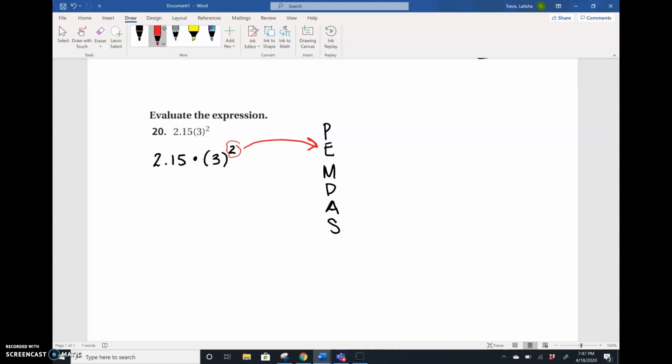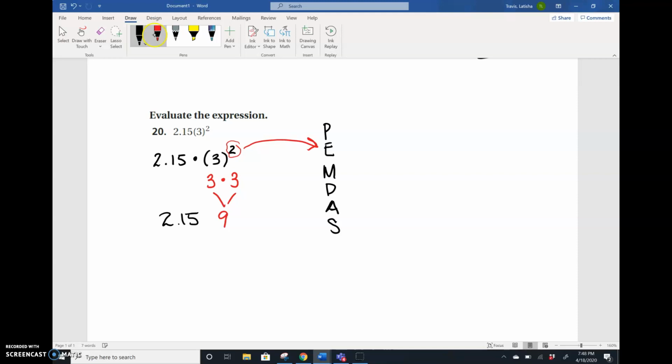So we could break this up into 3 times 3. That's what 3 squared becomes. So 3 times 3 is 9. And then we bring down our leftovers. We have left over this 2.15.